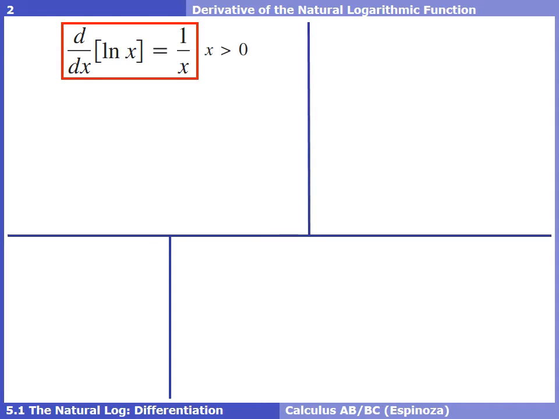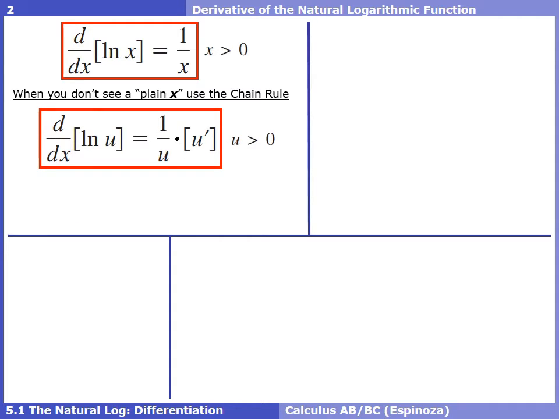Okay, unfortunately, a lot of the times you probably won't just see ln x as the thing you're trying to take the derivative of. So when you don't see a plain x, we have to think about using the chain rule. So really the version of this derivative that I hope we all commit to memory is, what if we have stuff on the inside of a natural log? Well, the good news is, if the derivative of ln x is 1 over x, then the derivative of ln u is 1 over u.